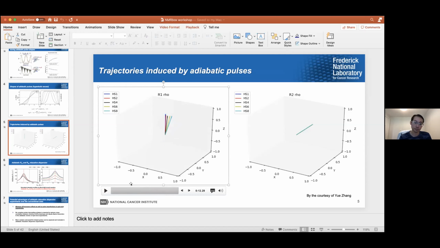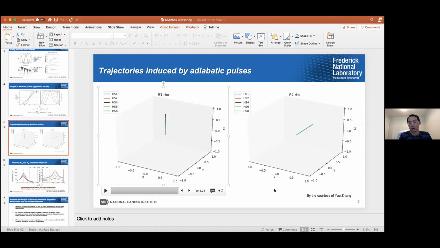Eventually, you will go back to the original point, but the difference you can see is that the amplitudes of those magnetizations are different because they experience a different trajectory. They sample a different place in the three-dimensional spin space, so they have a different relaxation rate.